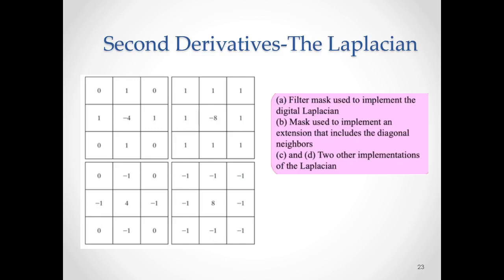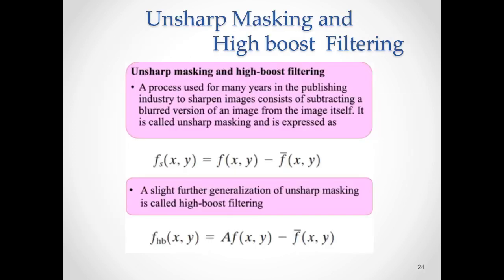In this discussion, we can consider some details of sharpening filters that are based on first order and second order derivatives. First, let us consider the fundamental properties of derivatives. Derivatives of a digital function are defined in terms of differences. There are various ways of defining differences.